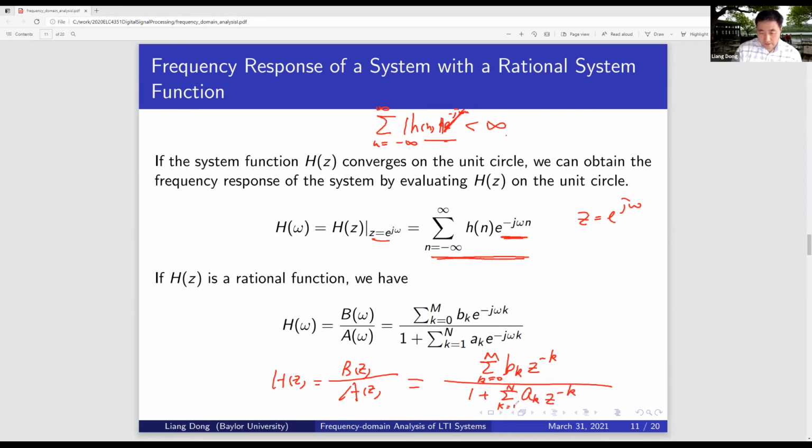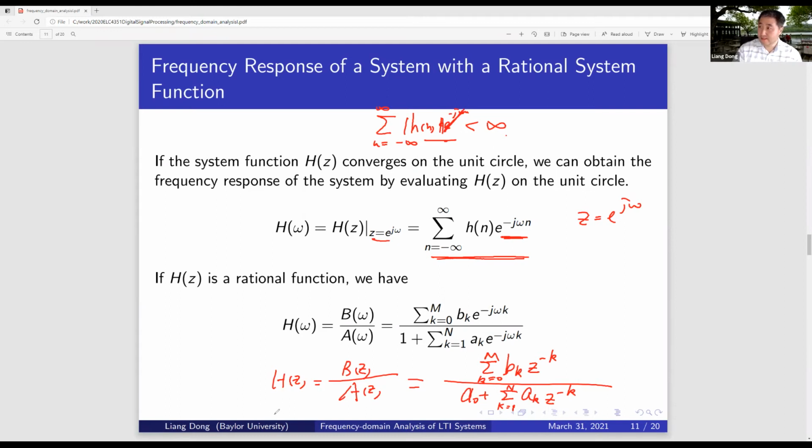I'm putting 1 here simply because we define a0 as 1. It's normalized to 1. So if you write a0, you can also write the denominator as a sum k from 0 to N. What's the order of this system?